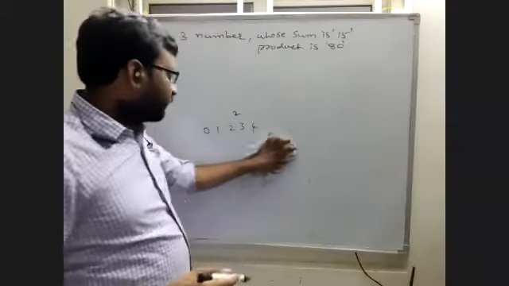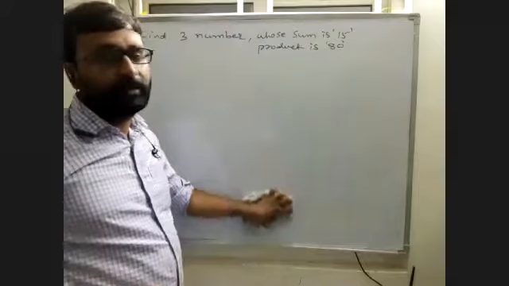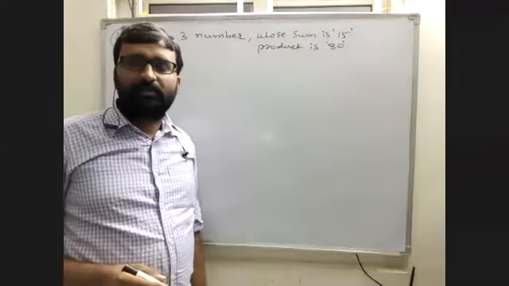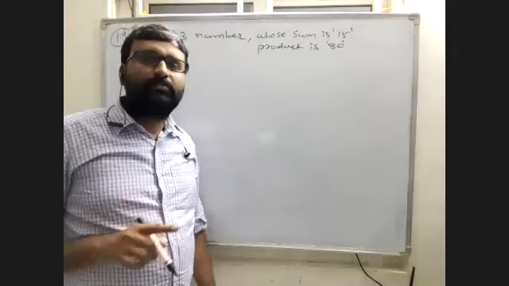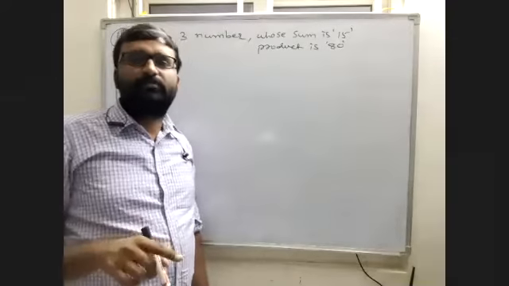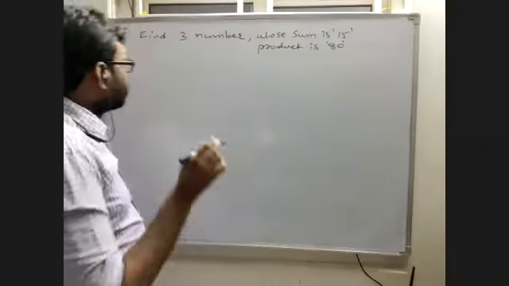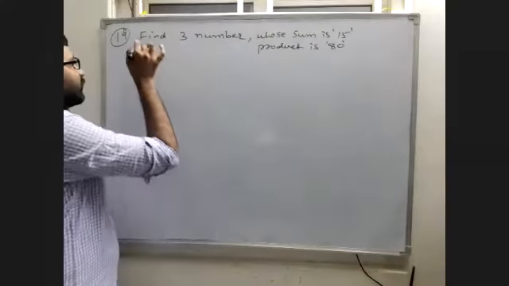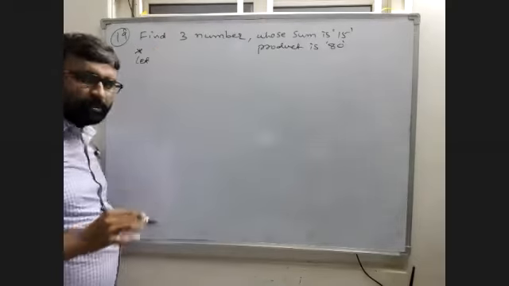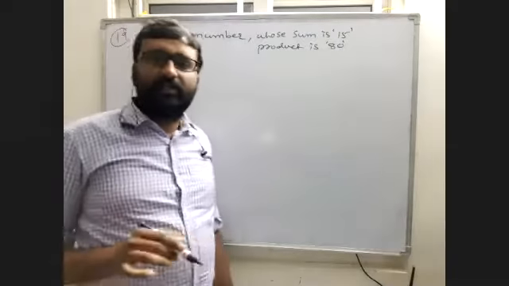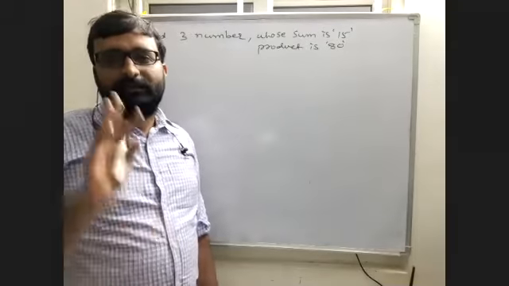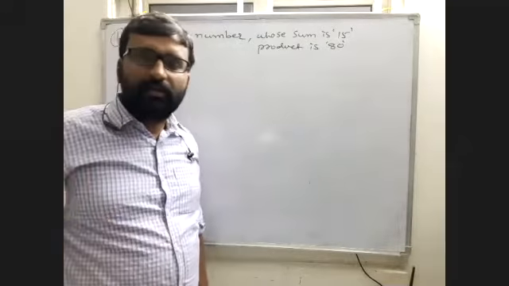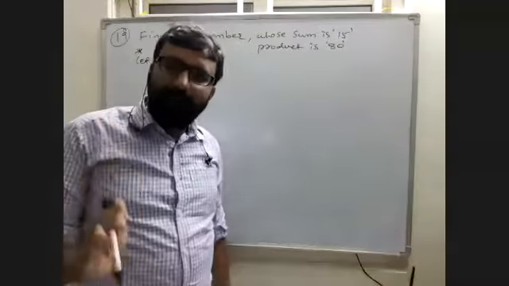So here the numbers are not given, but we have to find the numbers. But the sum of those numbers and the product of those numbers are given. So let's remember, not only for 10th class, for intermediate also very useful, the three general numbers in AP.